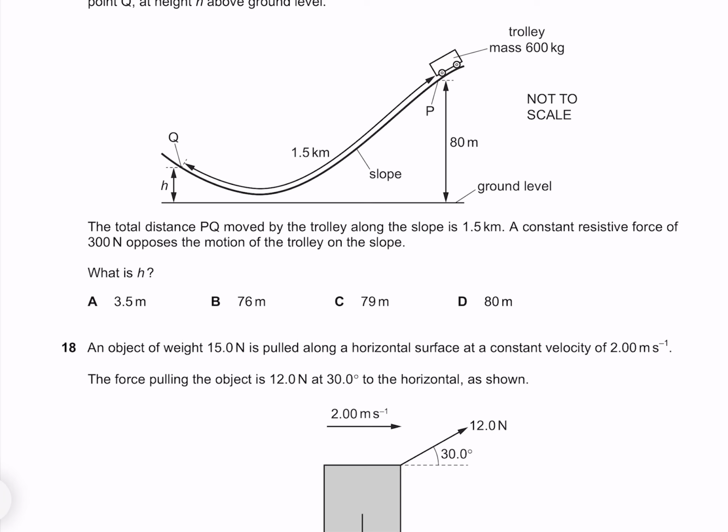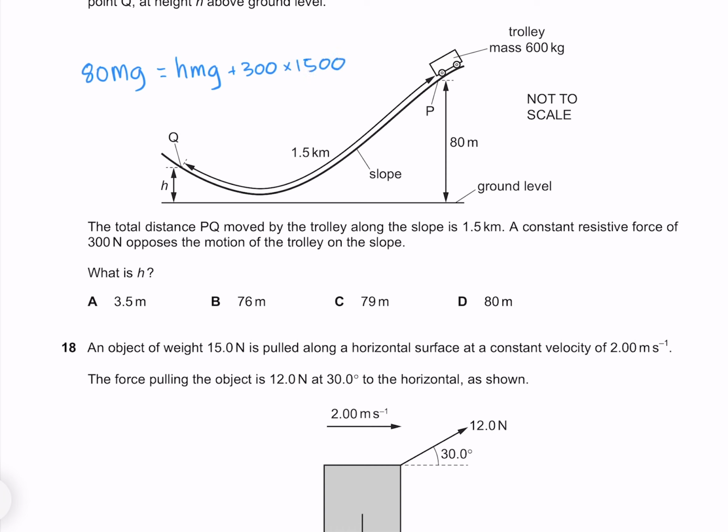We can consider the energy before and after. Our energy before is just our gravitational potential energy, which is our mass times our gravitational acceleration, multiplied by our height of 80. Afterwards, we're also going to have a gravitational potential energy, this time with a height of h, which we're trying to find. We will also have lost some energy to our constant resistive force. The amount of energy lost is our work done, which is given by force times distance, where our force is 300 and our distance is 1.5 kilometers, which is 1500 meters.